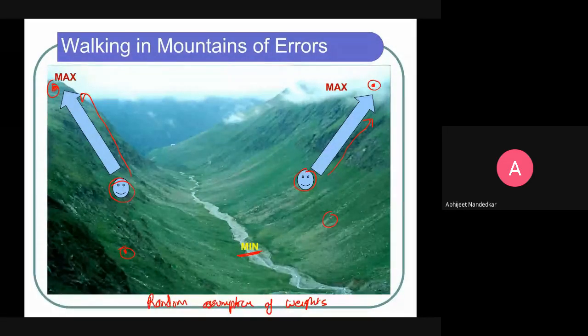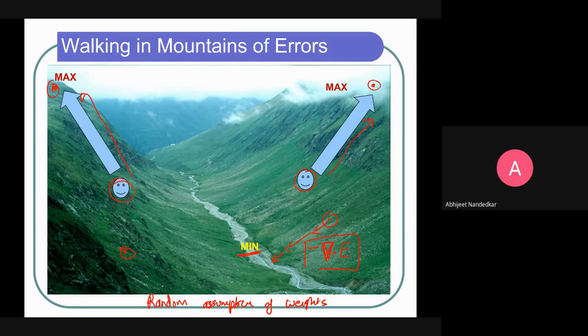From a given point, we always travel towards the negative gradient of error direction, so as to reach the minimum error.